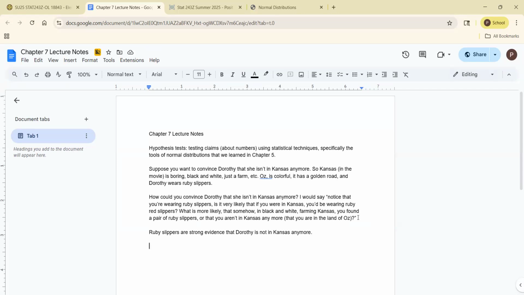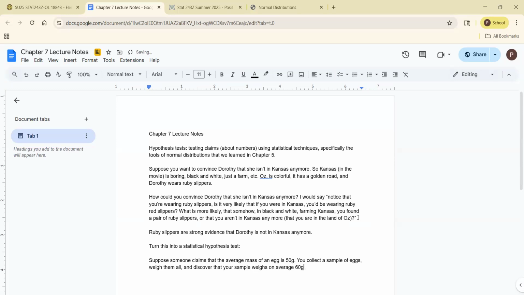Okay, let's take this and let's turn this into a statistical hypothesis test. Suppose someone claims that the average mass of an egg is 50 grams. You collect a sample of eggs, weigh them all, and discover that your sample weighs on average 60 grams.